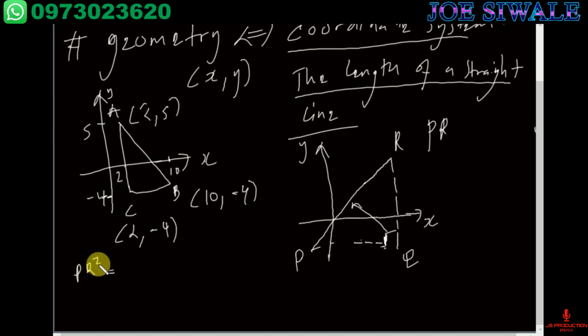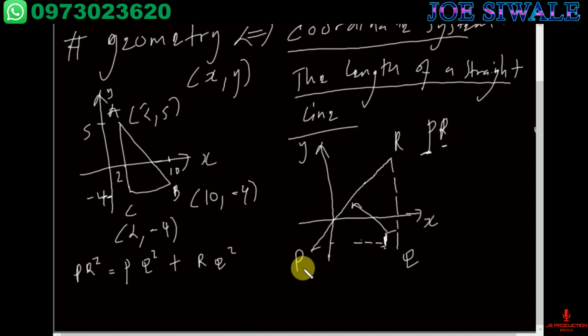PR squared is equal to PQ squared plus RQ squared. And since the line is starting from point P to point R, P is our starting point and R is our ending point.